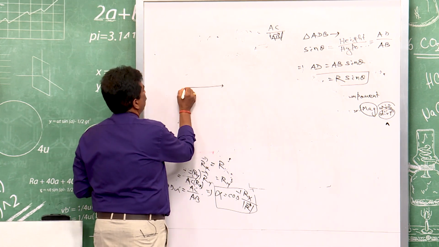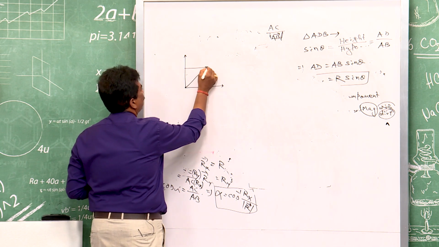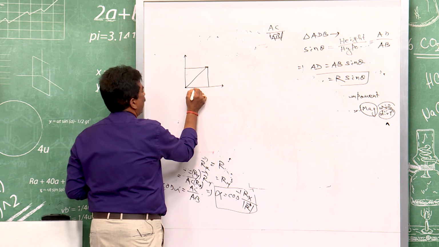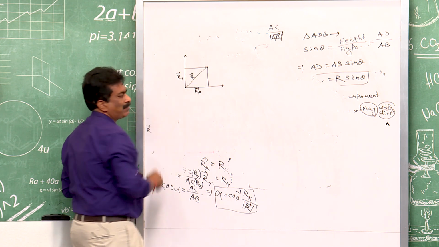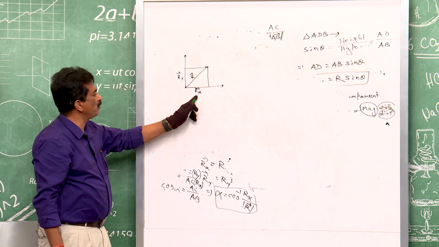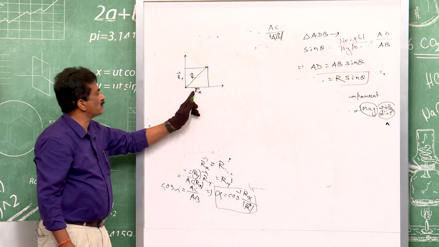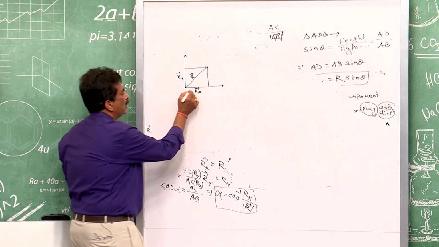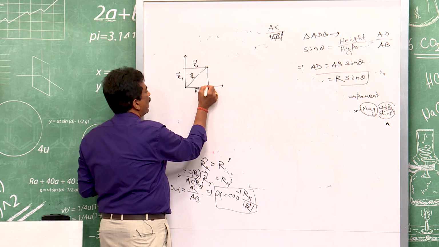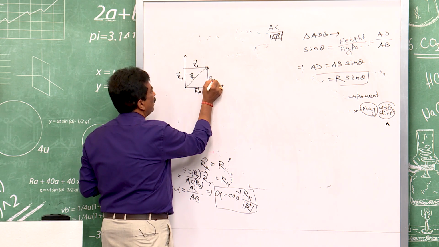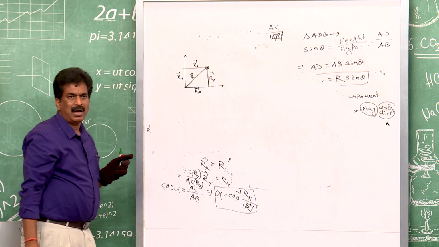This is the x axis, y axis, these are the components. This is the Rx vector, this is the Ry vector, and this is the R vector. R vector has to be in terms of Rx and Ry. How? This is a right angle triangle, and this is its hypotenuse.